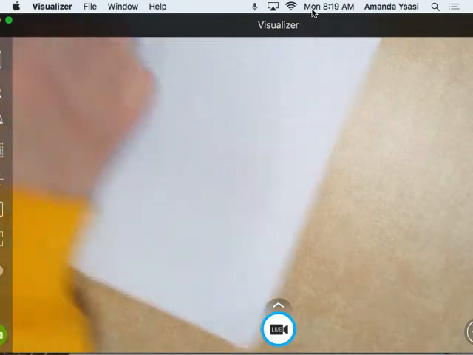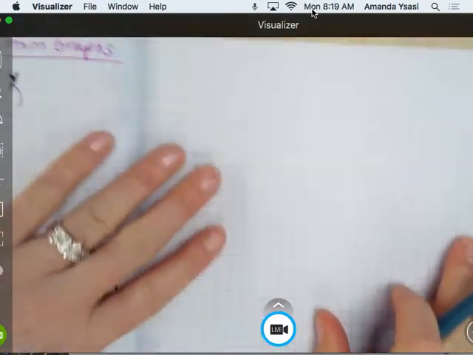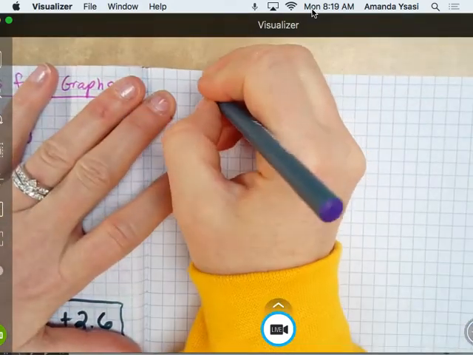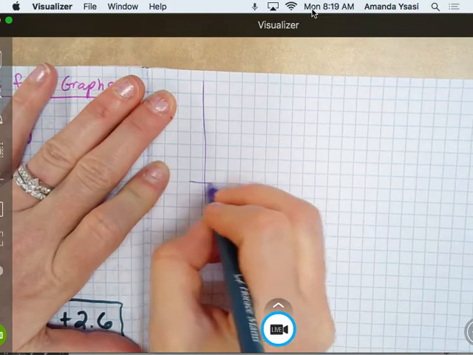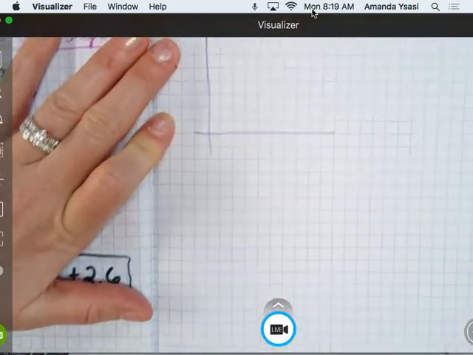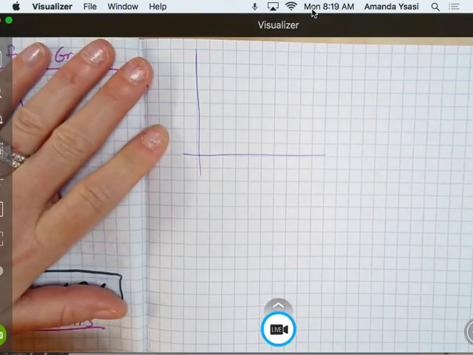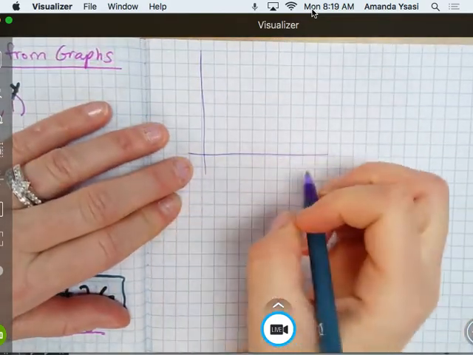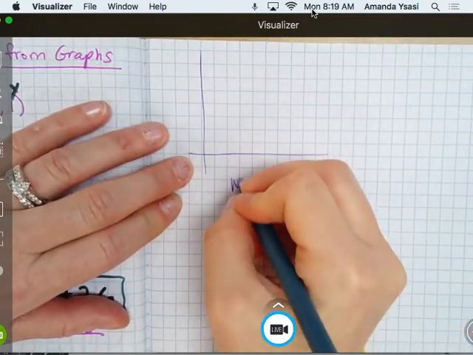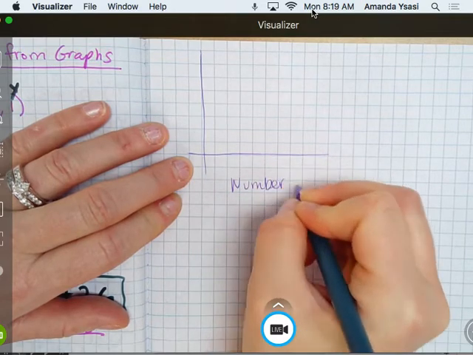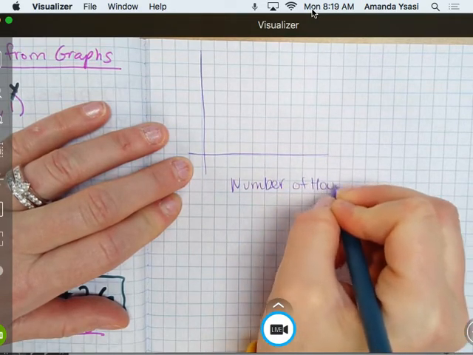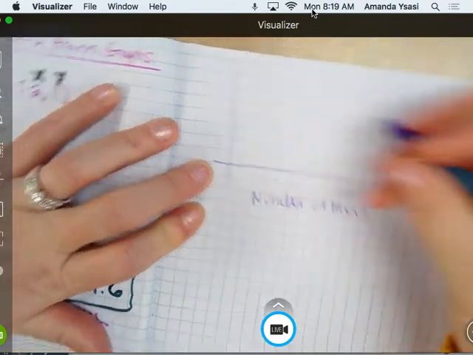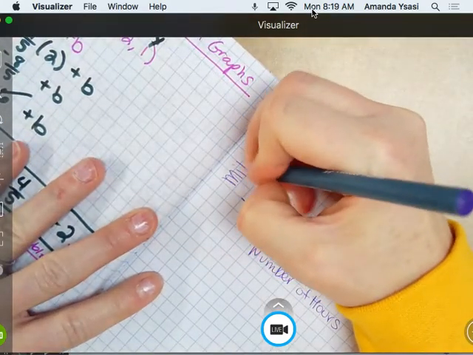So if you think about the graph, you're going to start at 320 miles from home, and then you're going to get closer and closer and closer. Your number of hours will be right here. And then your miles from home will be here.